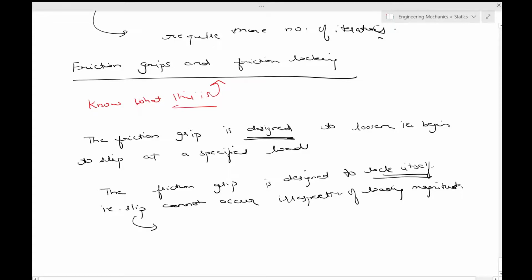The reaction is inclined to the normal at an angle less than phi s, which is equal to tan inverse mu s.